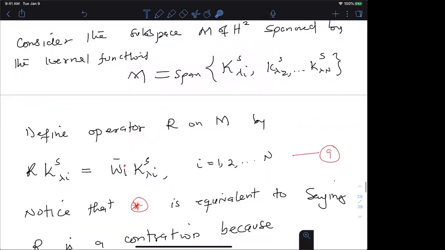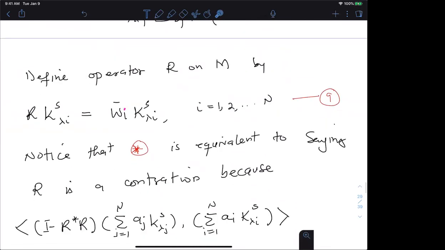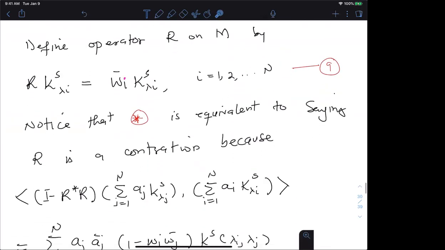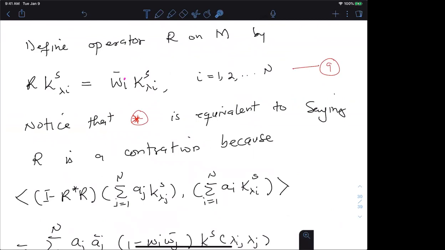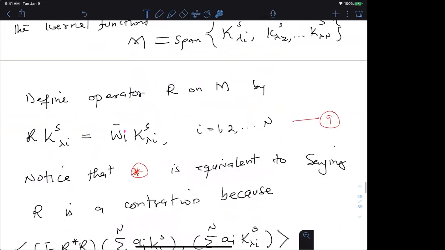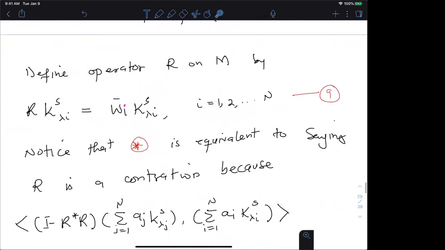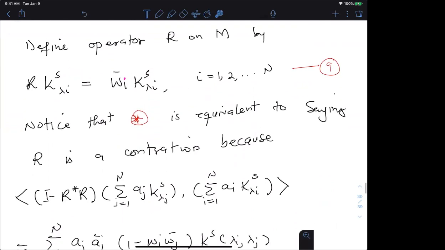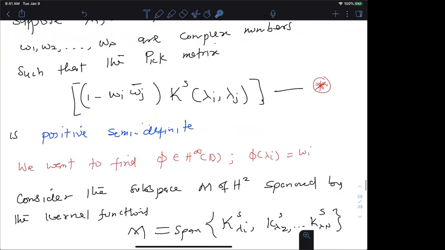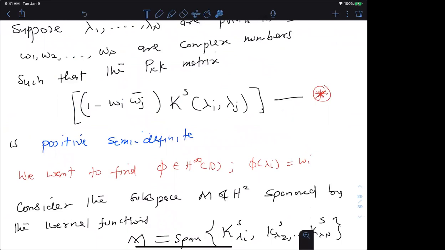Notice that R is a contraction because the matrix is positive semi-definite.